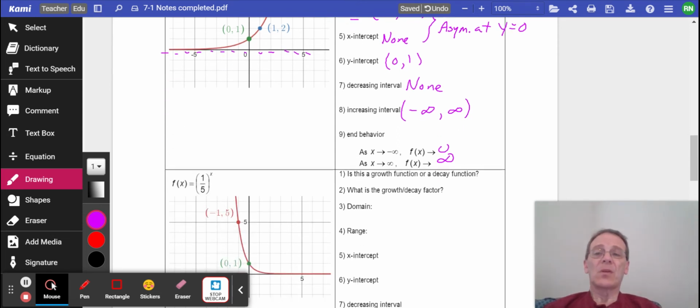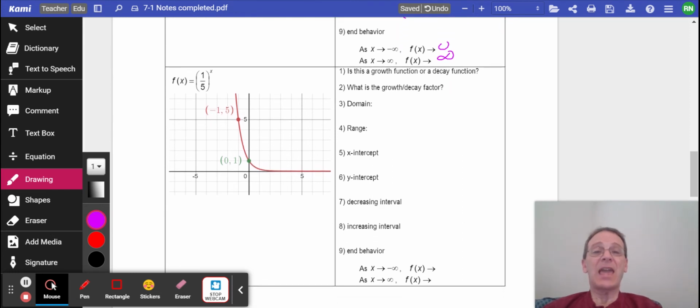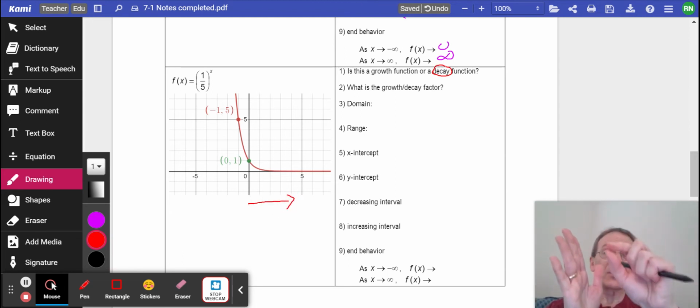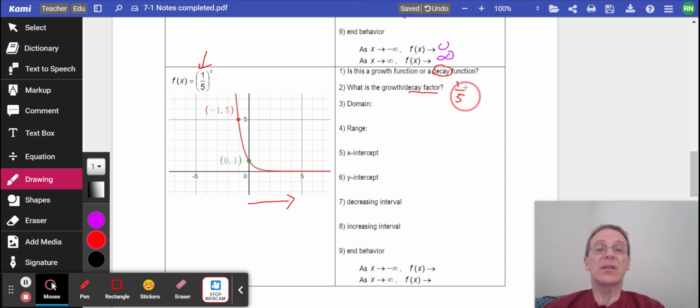Okay, now here is an example of a decaying function. Okay, it's decaying because the y values, as we move to the right, forward in time, the y values of this function keep getting smaller and smaller and smaller. What is the decay factor? It's always the b value. Whatever that b value is, that's the growth factor or that's the decay factor.